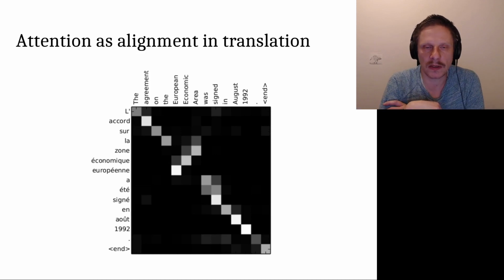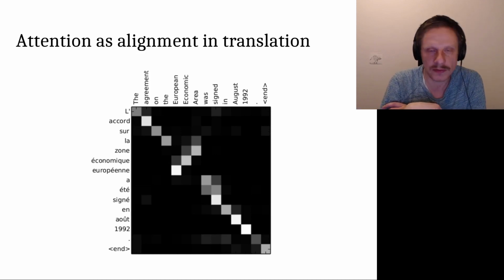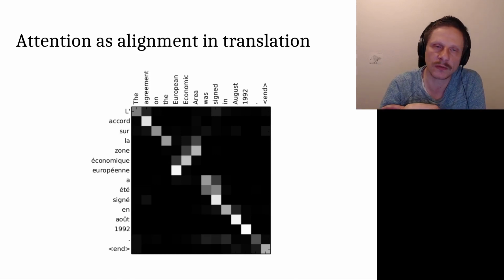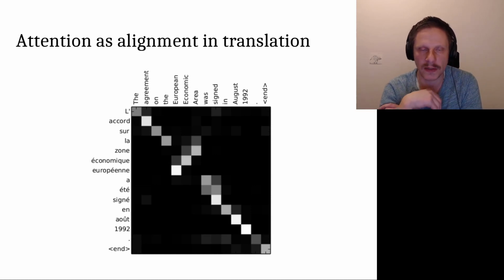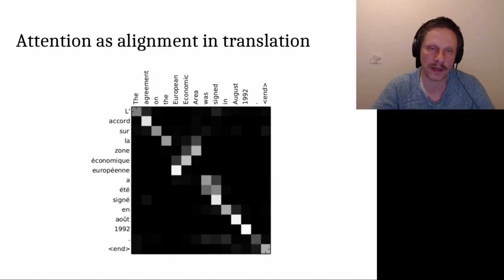And you can also see a couple of places where the pattern is a bit more interesting. There is the sequence of words European Economic Area. In here, these attention weights do not form a diagonal pattern, but form a pattern in the other diagonal direction.